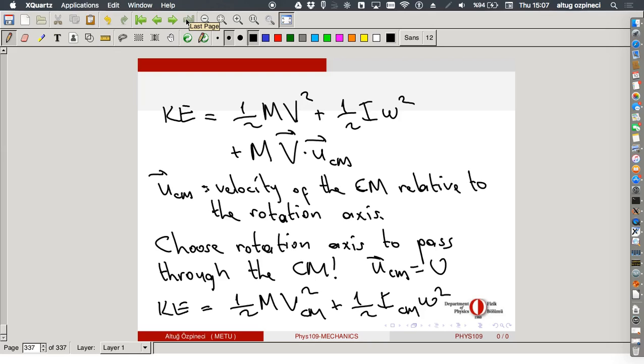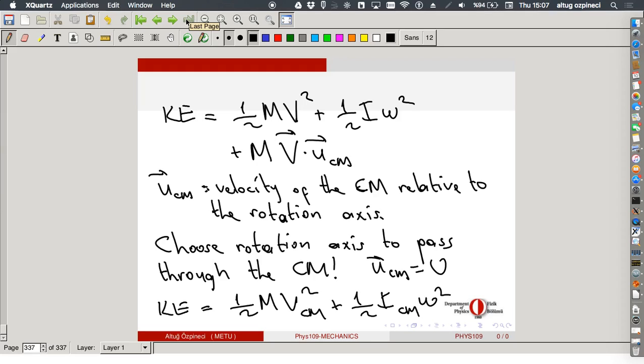We couldn't separate these two motions, the rotation around the rotation axis and the translation of the rotation axis, for an arbitrary axis. But for one particular axis, the one that goes through the center of mass, we have this full separation between these two motions: the translational motion of this axis passing through the center of mass and the rotation around that axis.